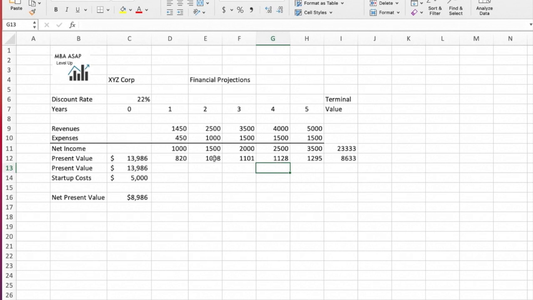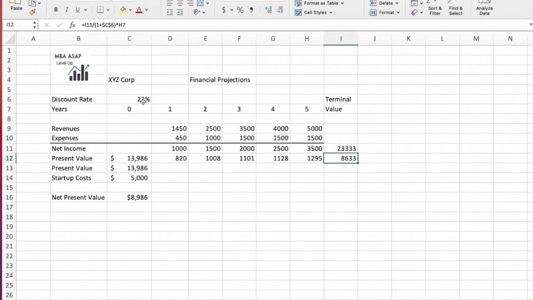So there are those numbers all the way out, and then here is this number here. Now we have to remember that we're doing it in year 5, right? So that number is this number taken back 5 years at 22%. And you can see how these numbers get discounted quite a bit as you go out further in years. And this is a pretty high discount rate too, right?